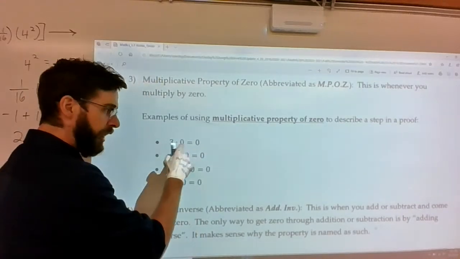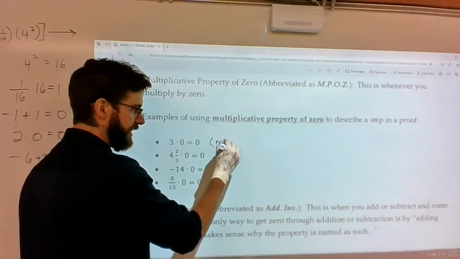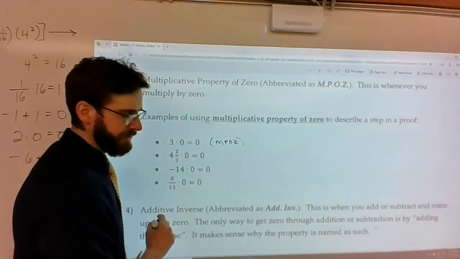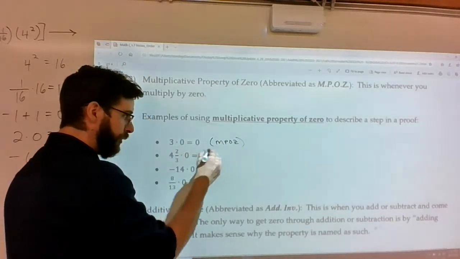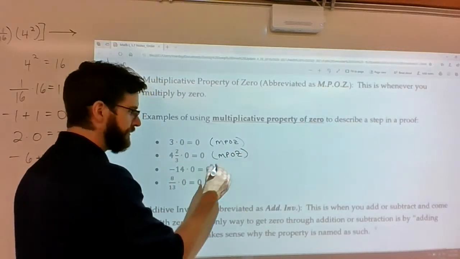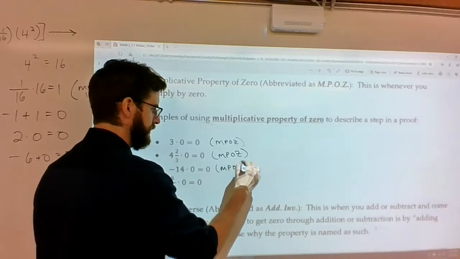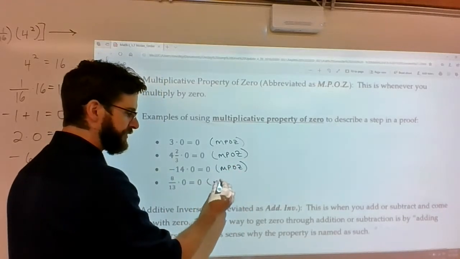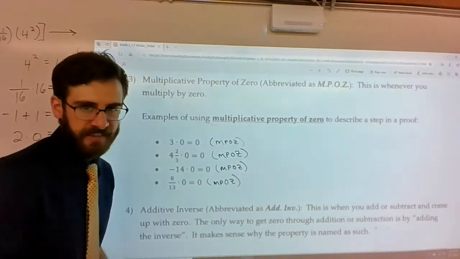So if this showed up in a proof, here's how you'd back it up. MPOZ. If this showed up in a proof, you document it with MPOZ. If this showed up in a proof, same thing. You'd be writing the multiplicative property of 0 as the justifying step.